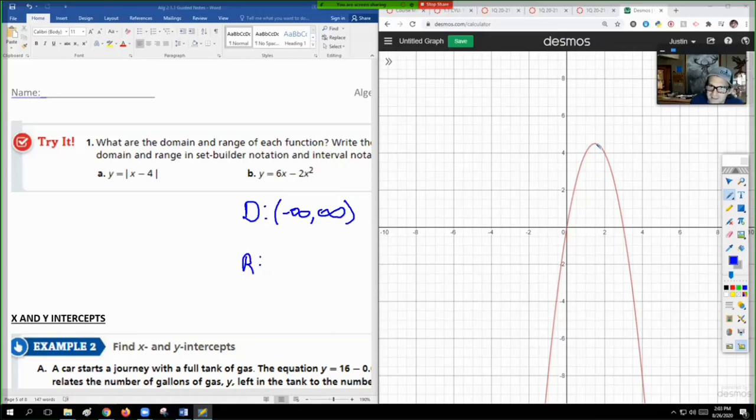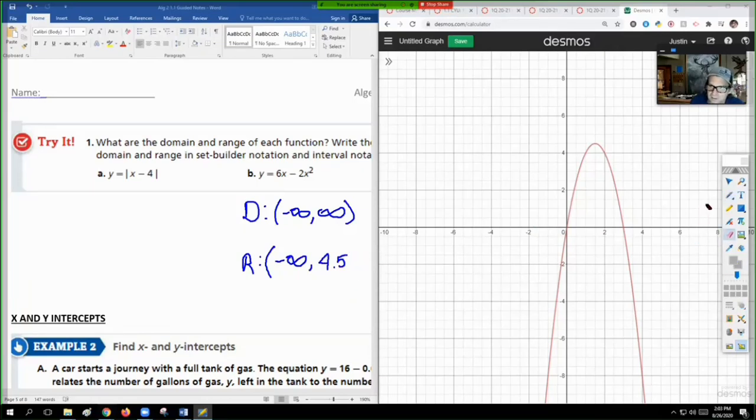This one has a max of 4.5. Did I type that in right? And then the lowest it goes is negative infinity. But we do have a maximum now of 4.5. Oh, I did the wrong bracket.